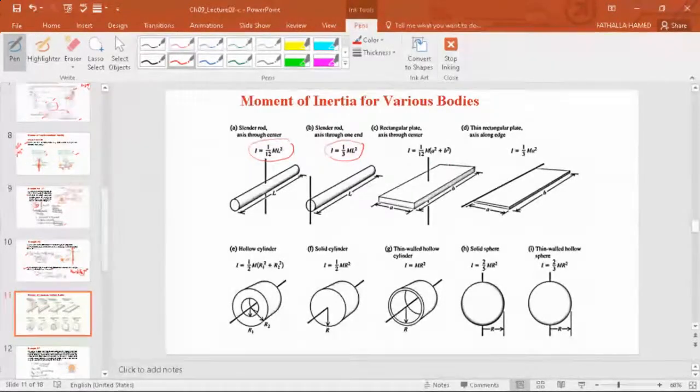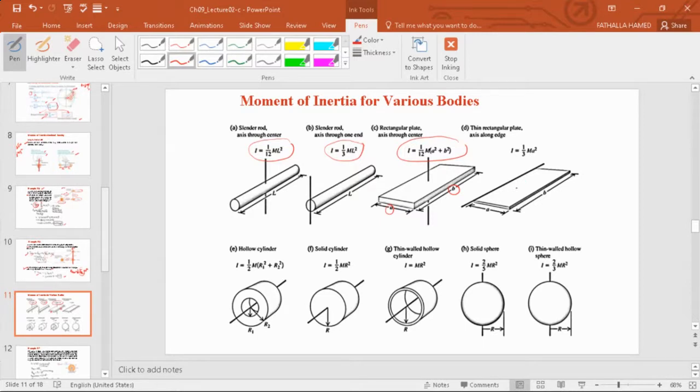You have a rectangle like this, where you have sides B and A, and you want to rotate through the center of that. Well, the moment of inertia here will equal 1/12 m(A squared plus B squared).